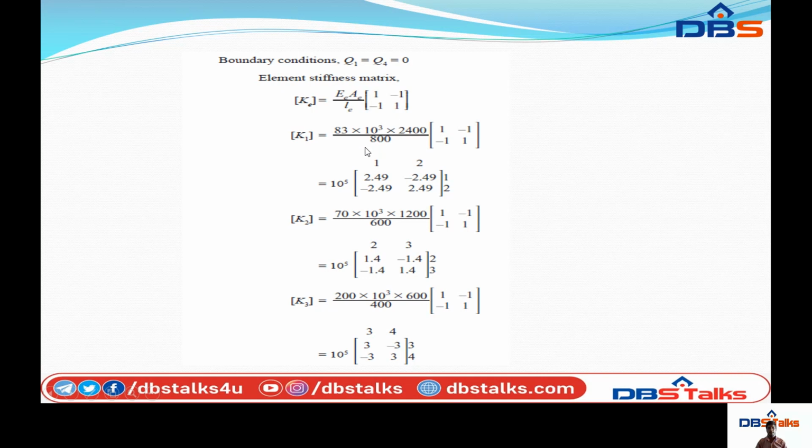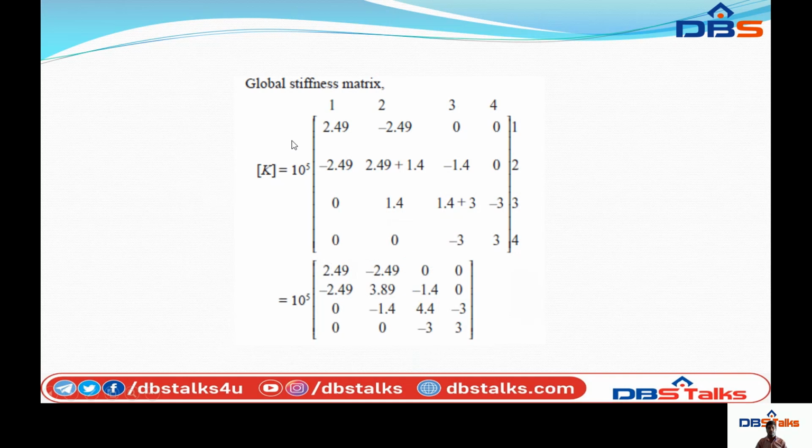It is a matrix format. After calculating, we get 4 values in brackets. I'm taking 10 power 5 as common, and similar values for K1 and parallelly K2, K3. After finding the stiffness matrix for every element, then the global stiffness matrix.